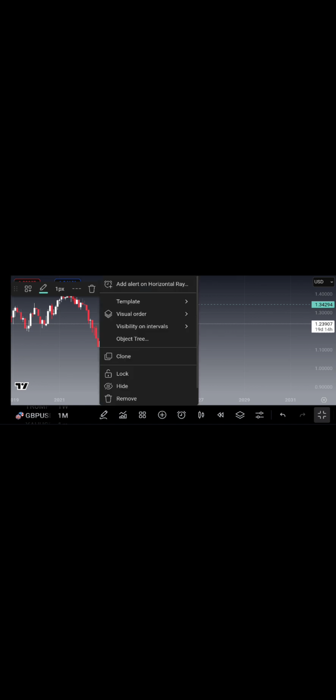Since I know that my overall direction from a higher time frame is a sell, I come to my monthly and highlight my monthly high and my monthly low. My monthly high will be somewhere around here, and my monthly low somewhere around here.